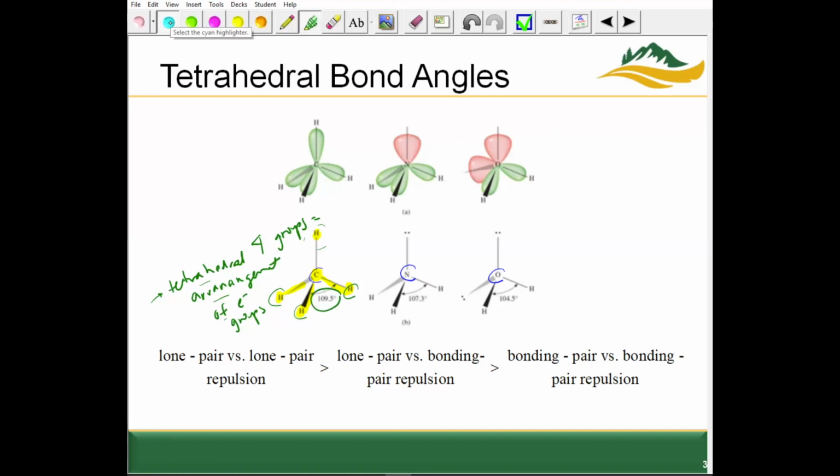Next, I mentioned if we start to replace one of these groups with a lone pair or even 2 lone pairs of electrons, lone pairs of electrons will repel more. They will take up more space. So seen here, that's a lone pair of electrons taking up a lot more space than just a bond does from the central atom.